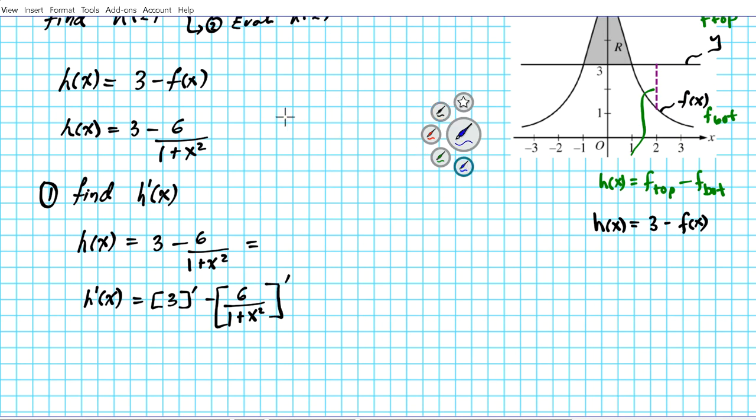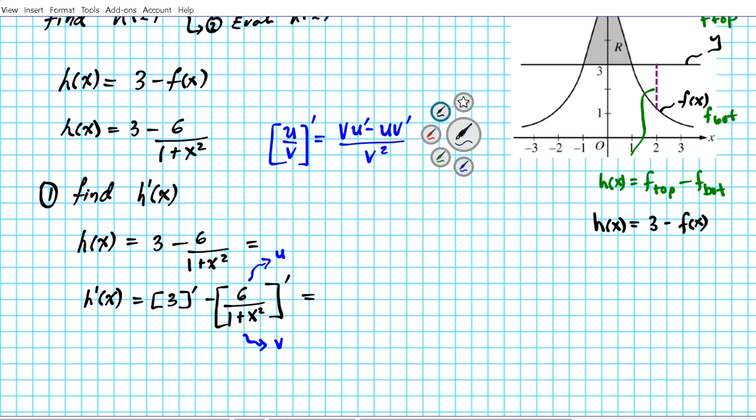Hopefully you do. So u over v, high over low. The derivative of u over v is v u prime minus u v prime over v squared. Low d high minus high d low over low low. Okay, so our u is 6 and our v is 1 plus x squared.